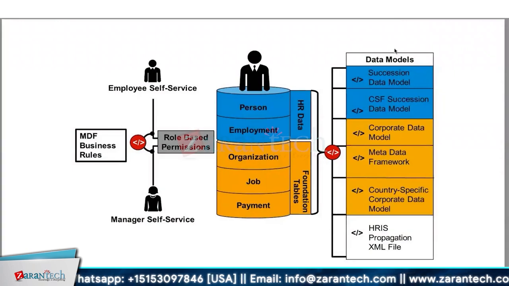These things on the right hand side, data models, are also what you have to be aware of. These data models are nothing but XML files. Each and every XML file is going to have thousands of lines of code, and they are all pre-delivered. They are the prerequisite files for the Employee Central module to function.